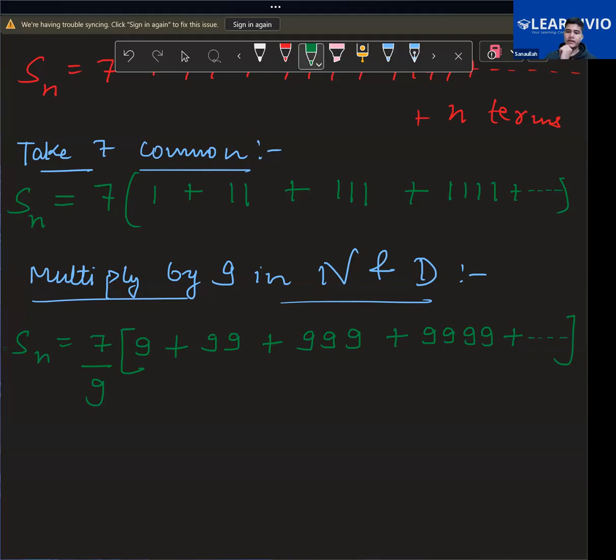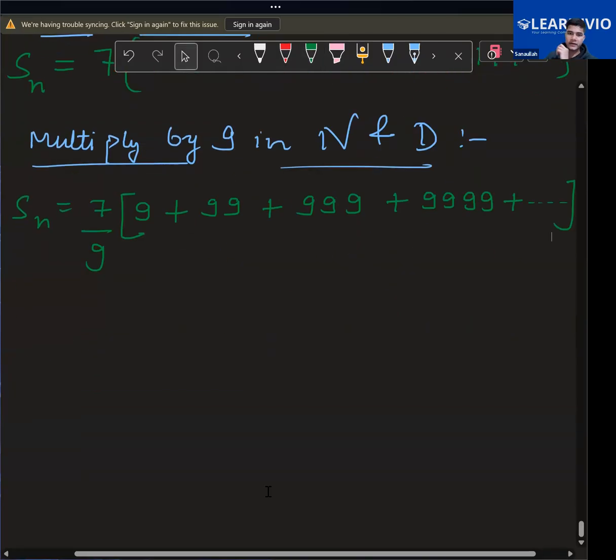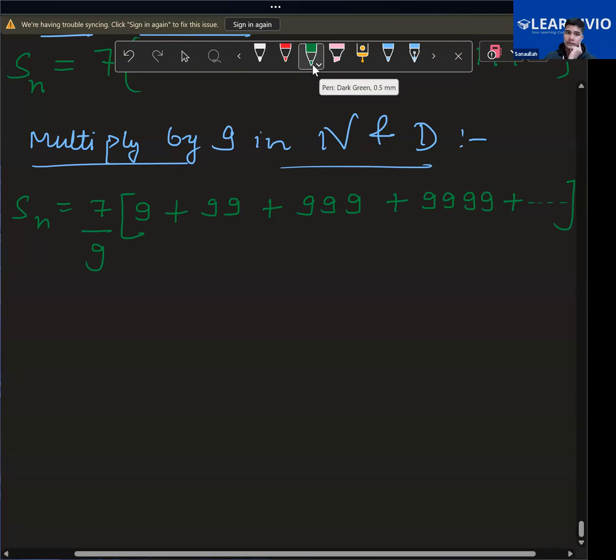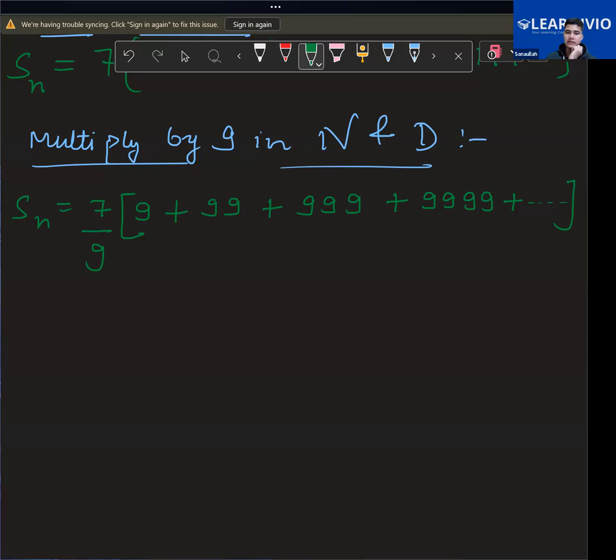Okay. Now see what we have to do after this step. We have to make this 9 as 10 minus 1. You will see why I'm doing this, because my main purpose for doing all this is just to make a GP, a geometric progression, in the numerator so that we can easily solve that.